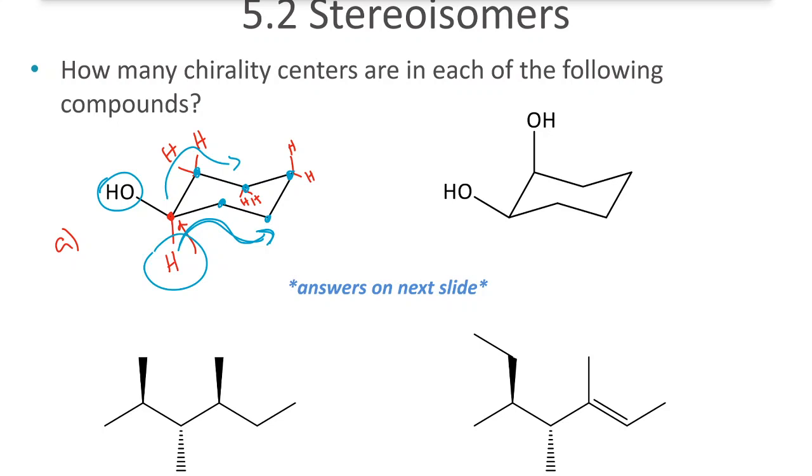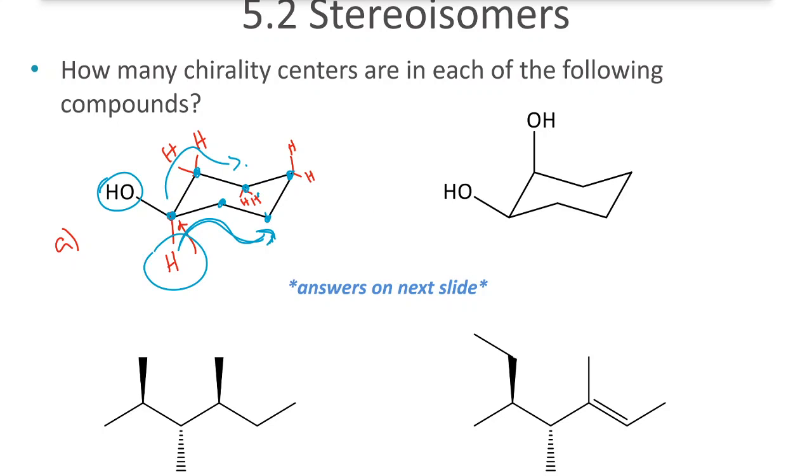So these 2 paths are the same, and therefore this carbon is not a chiral center. That molecule is achiral, and we're going to examine why that is further in one of the next videos coming up. Because these paths are the same, that is not a chiral center, making that molecule achiral.